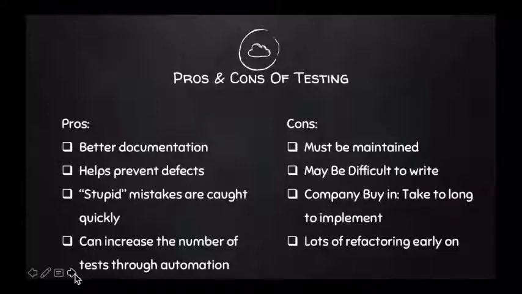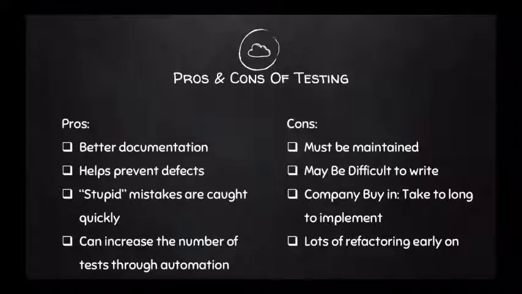Another thing is it stops stupid mistakes. A lot of times when you accidentally do something dumb and it gets by your initial testing, or you make a piece of code change in one spot, not realizing it changes somewhere else, testing catches that. You can also increase the number of tests through automation. So you can create multiple test cases and put them in a test suite and run them multiple times.